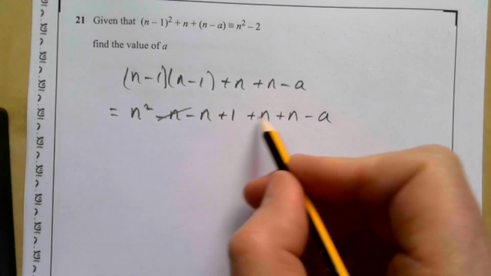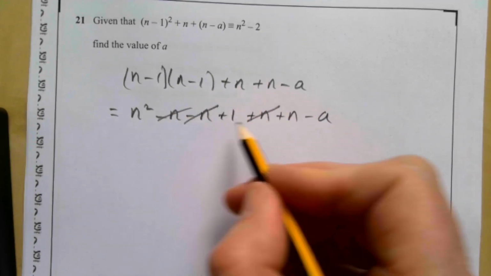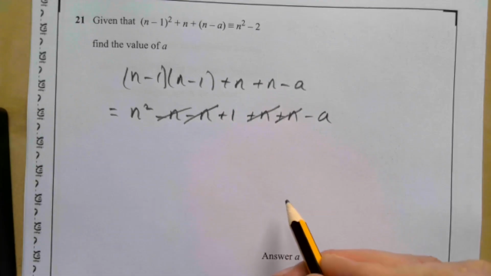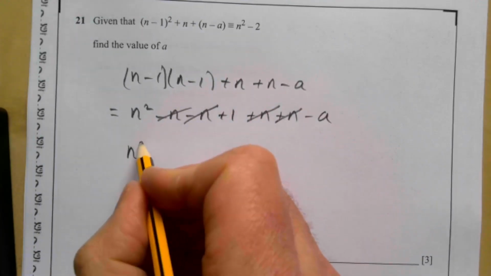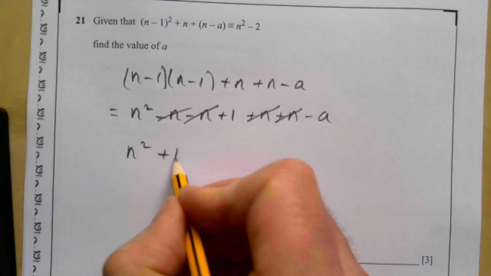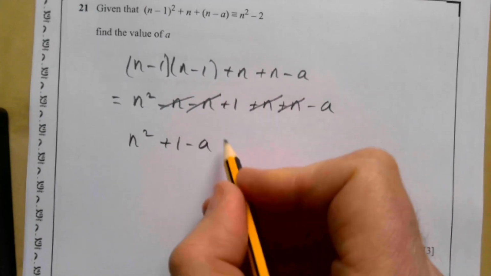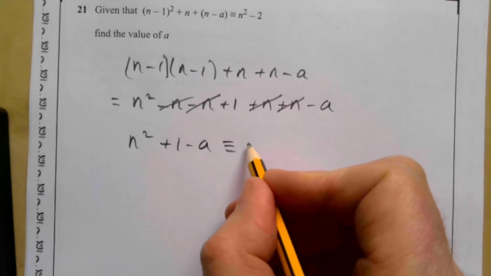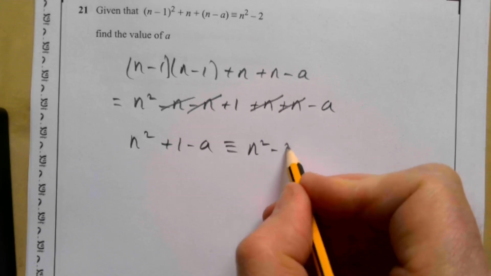So that cancels with that, that cancels with that. So I get n squared plus 1 minus a, and they're telling us that that is the same as n squared minus 2. Do you see that then from above?